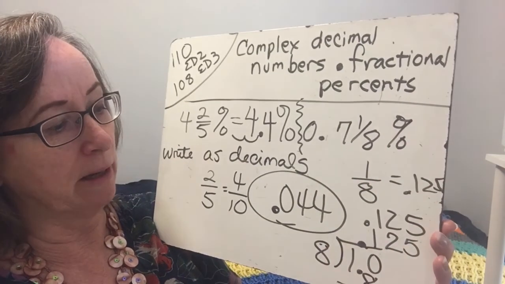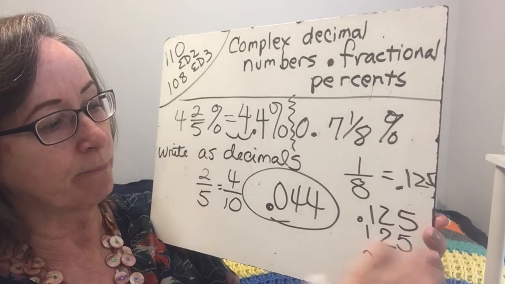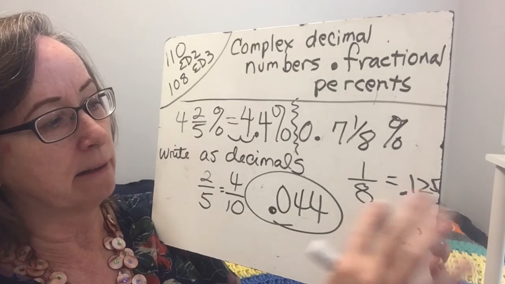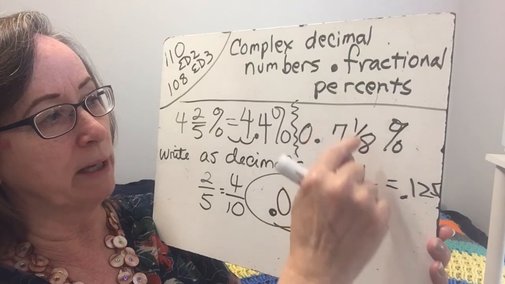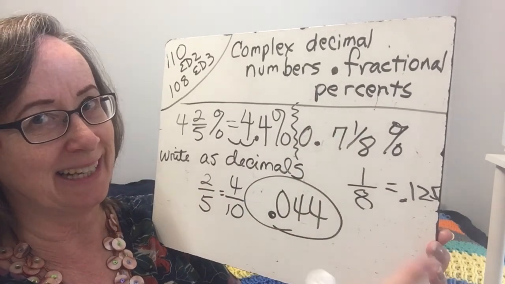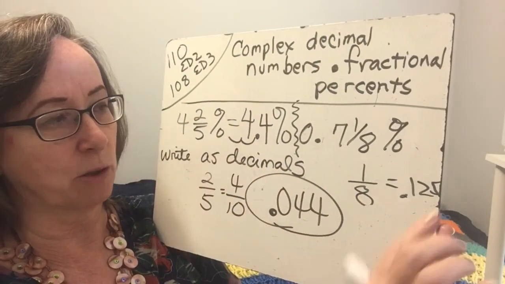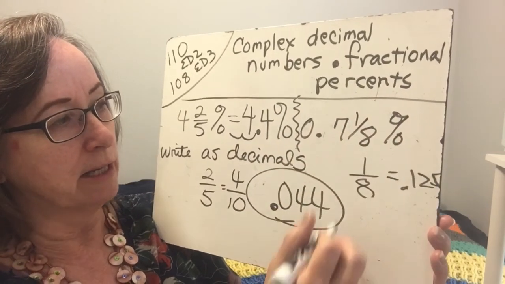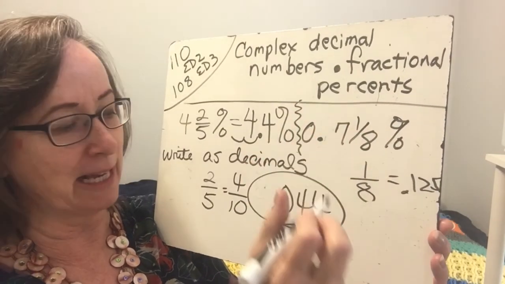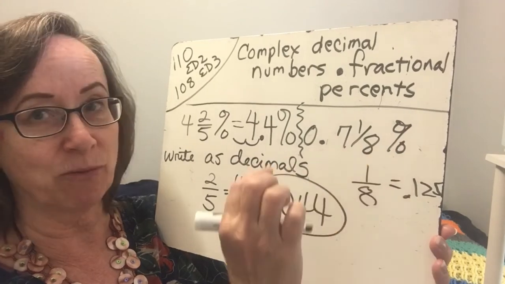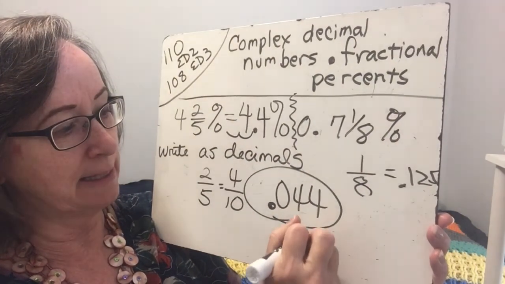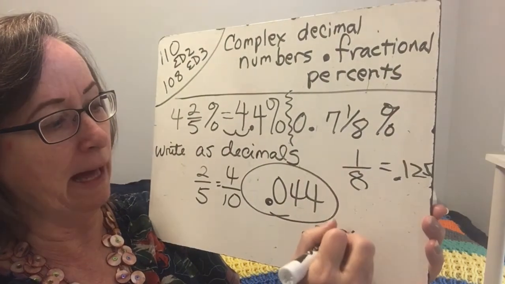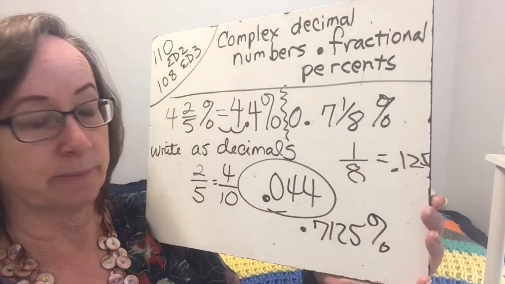So now that we know that, can't we take our 0.7 and 1/8 and turn it into a decimal? So we're going to leave the percent on for right now. Remember, nothing changes with the decimal, but instead of 1/8, we tack on 125. So it's going to be 0.7125%.